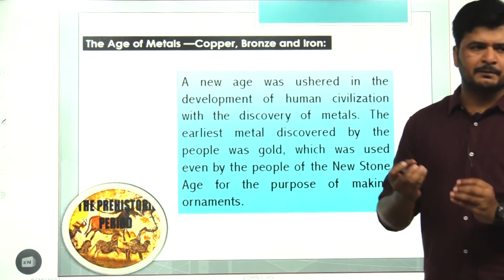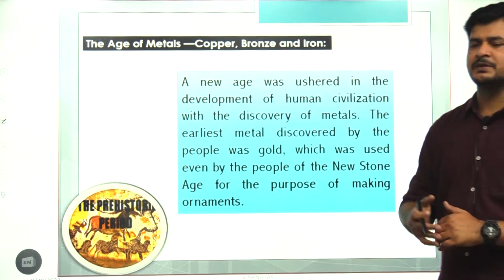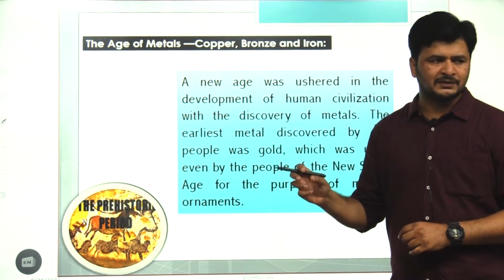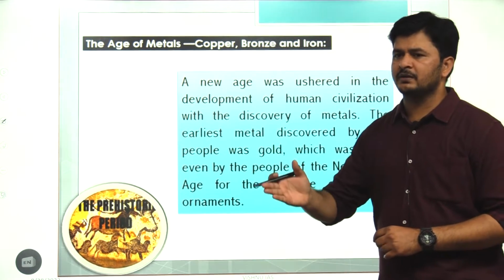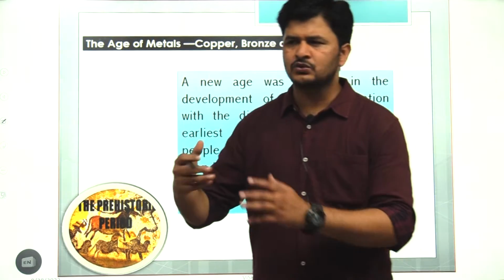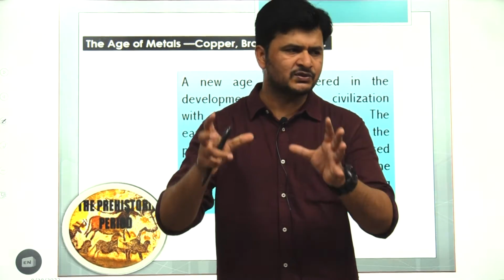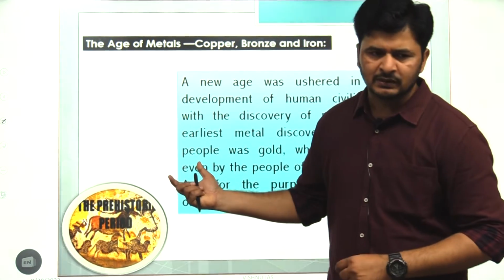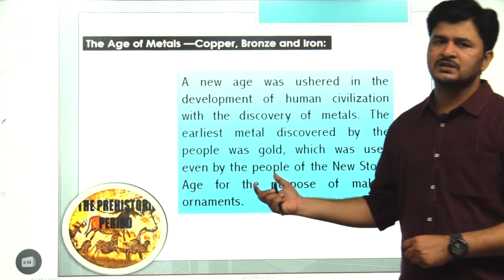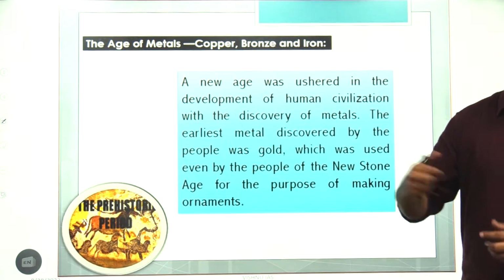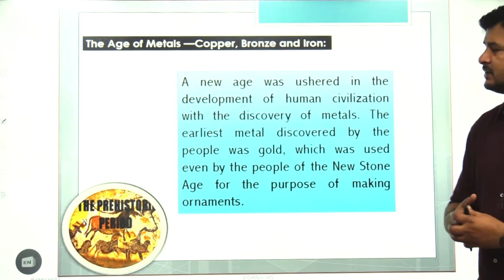Copper, by Chalcolithic people. In and around 5000 BC, copper was used, followed by bronze in and around 2500 BC. Years are not important, just to have an idea, please. When it comes to iron, in and around 1000 BC, that is by Gangetic Aryans, otherwise called later Vedic Aryans.